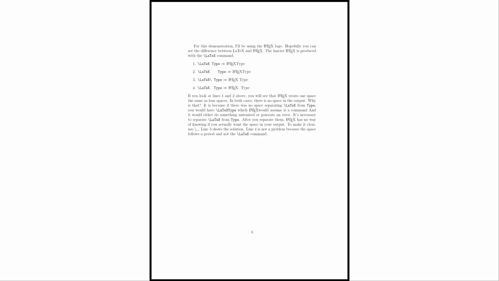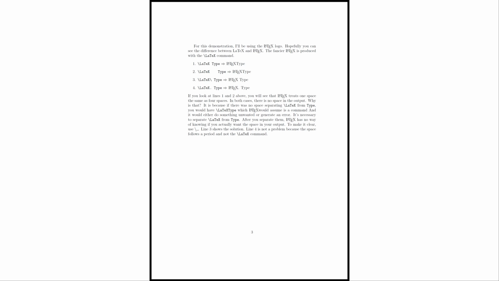Remember I said that LaTeX interprets 4 spaces the same as it does 1. So 1 and 2 produce the same result. And what you see there is that it closed the gap. So you might want a space there, but it's not producing the space that you want. And the answer to put the space in there is the backslash on line 3, the backslash followed by a space, and that'll force a space in there.